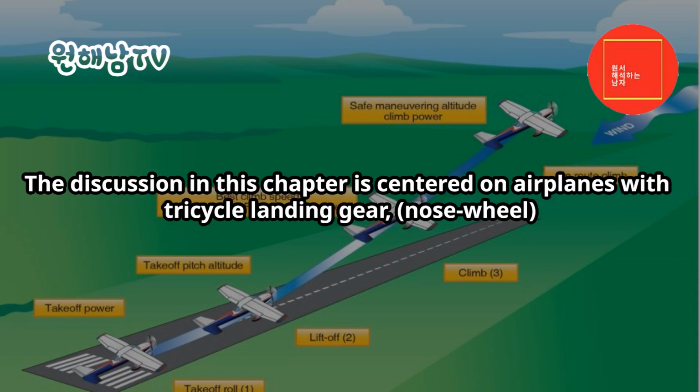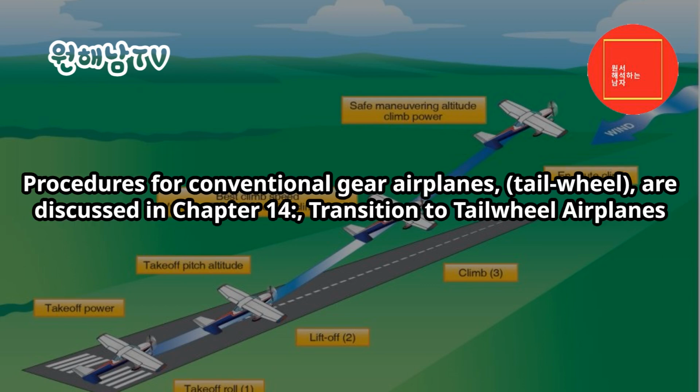The discussion in this chapter is centered on airplanes with tricycle landing gear (nose wheel). Procedures for conventional gear airplanes (tailwheel) are discussed in Chapter 14, Transition to Tailwheel Airplanes.